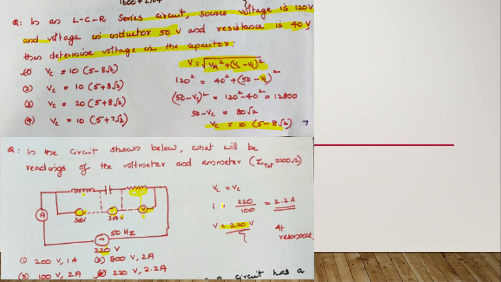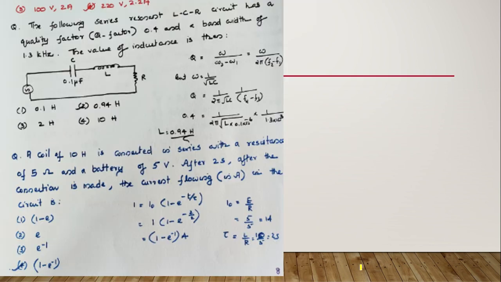At resonance, it becomes purely resistive and hence the current becomes 220 by 100. We get the answer as 2.2 ampere.